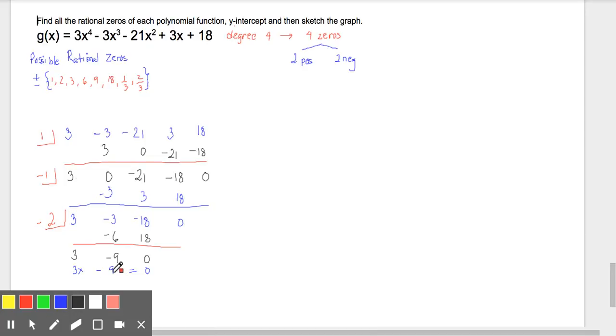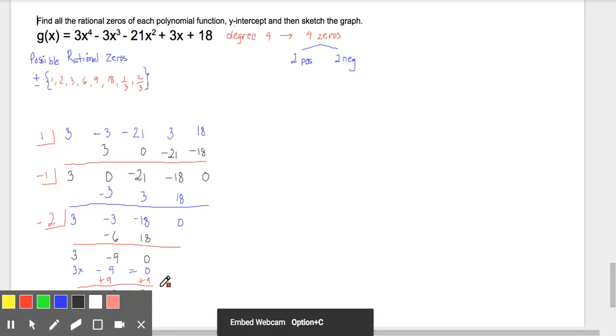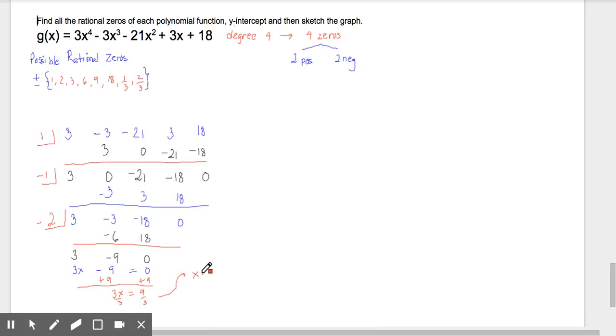So we're going to add 9 to both sides. Therefore, 3x is equal to 9. We divide both by 3. And so we'll have, okay, let me just bring it over here. X equals 3. This is our last 0. So we found all the 4 zeros that we are looking for.